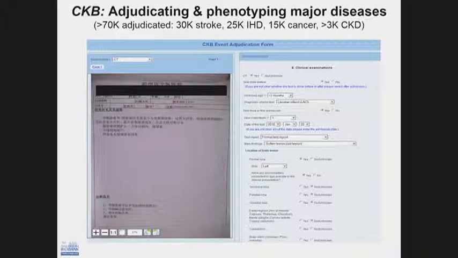And then doctors, we have an expert team working around the clock across different areas. They can independently adjudicate, including for this example, hemorrhagic stroke, not just hemorrhage, but also lobar, non-lobar, and we can also use TOAST classification, trying to come up with a better adjudication. So this is quite labor intensive, but over the last 3-4 years, we have done over 70,000, including 30,000 stroke, 25,000 IHD, and there's cancer, and then over 3,000 CKD.